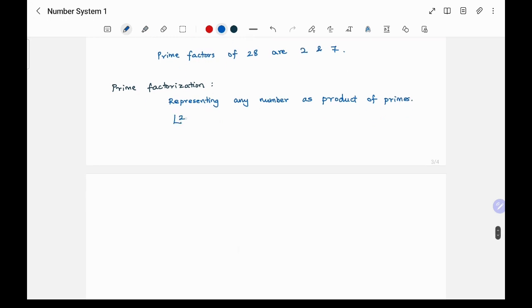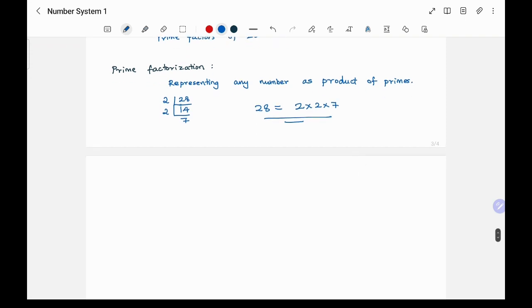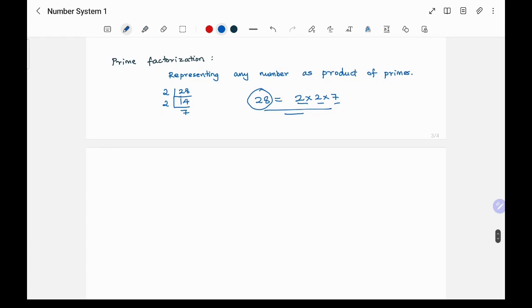Again, going to the example of 28, you can just see 28 divided by 2 we get 14. Again dividing by 2 we get 7. 7 is again prime, so we can't divide it further. So 28 can be represented as 2 into 2 into 7. This is known as the prime factorization representation. So we are representing a given number as a product of prime numbers. This is called prime factorization.